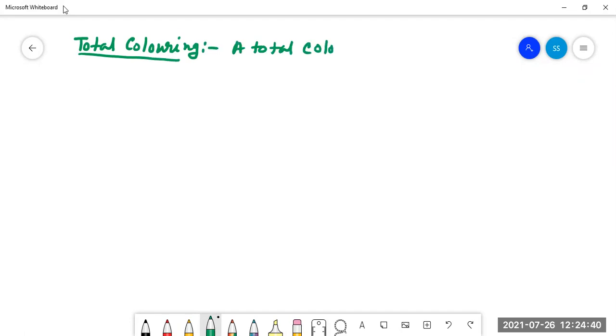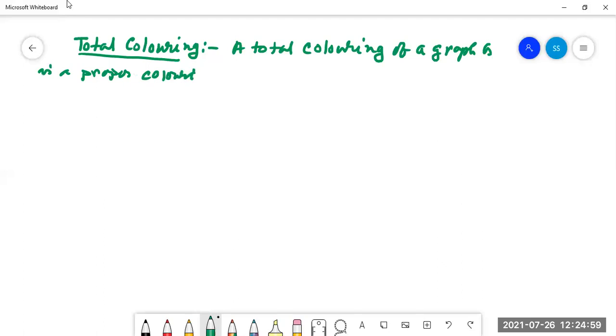The total coloring of a graph G is a proper coloring of all the vertices and edges.